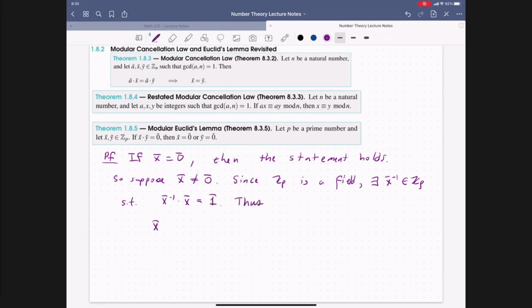When we look at x bar times y bar is equal to 0 bar, we multiply both sides by the multiplicative inverse of x. And so we have this here. But now x inverse times x is going to give us back 1 bar, so we're going to get back a y bar here equals a 0 bar. But that's just y bar is equal to 0 bar, and we are done. We have now proven the modular Euclid's lemma.